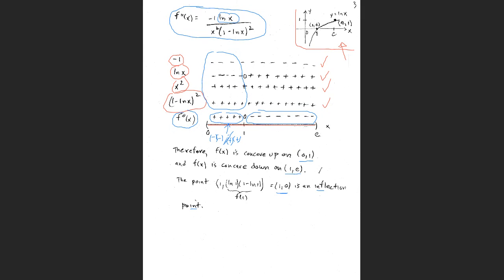Another question that might be helpful for this is, since the domain is limited, since the domain is between 0 and e, what's going to happen at those endpoints? X equals 0, x equals e.